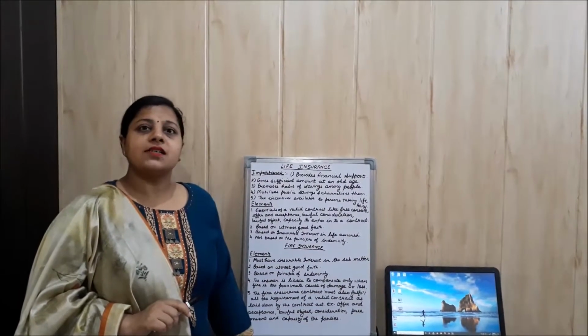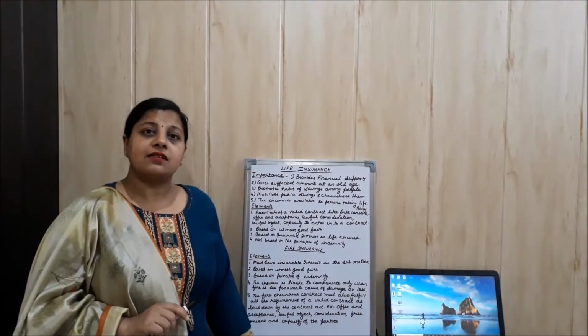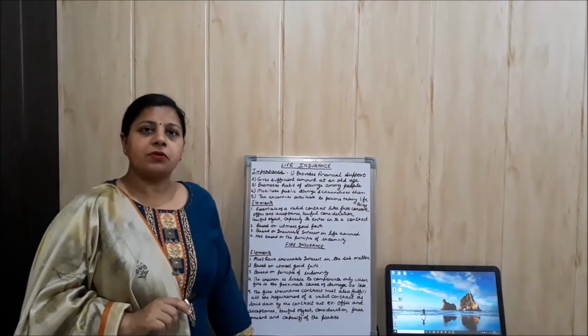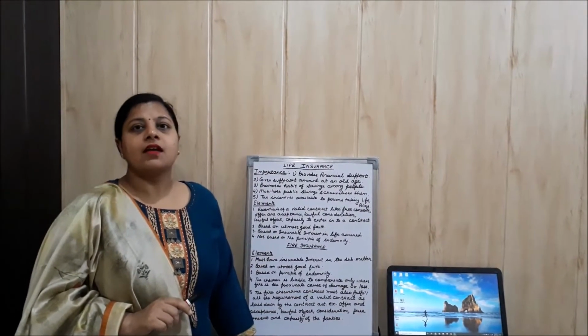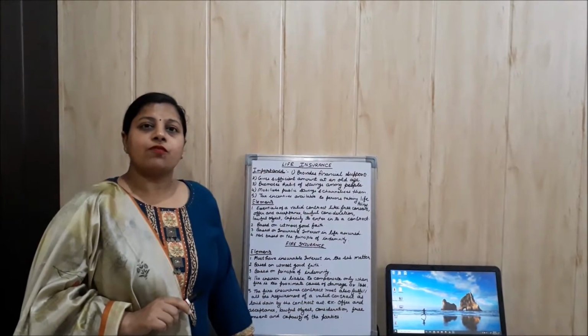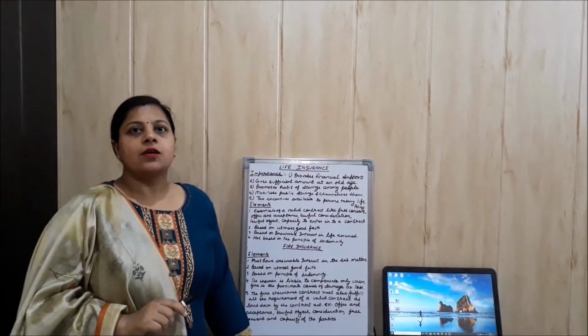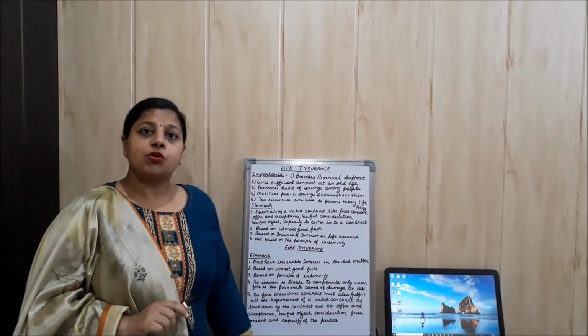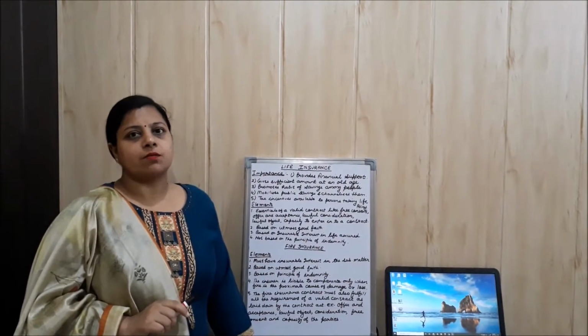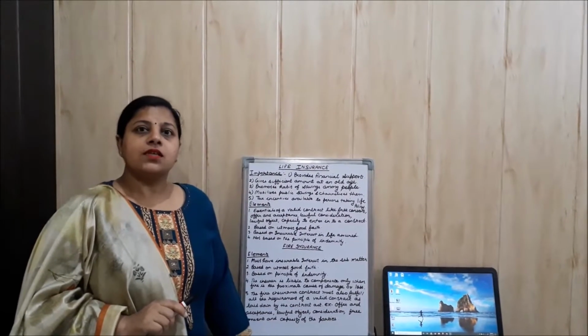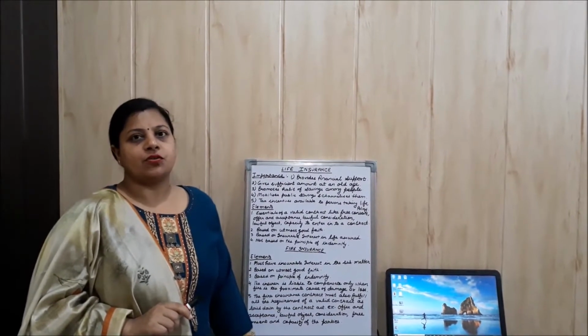And if the person is alive even after 10 years, it means the policy is matured. He will get compensation at the end of 10 years. And in exchange, a fixed consideration, meaning premium, the insured has to pay to the insurance company. So this is the meaning of life insurance.